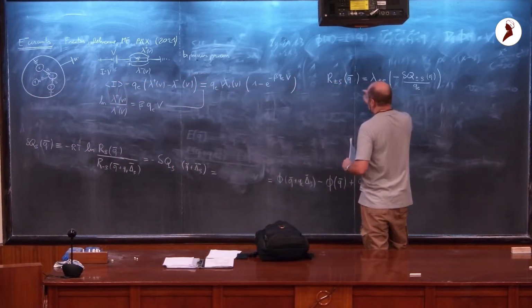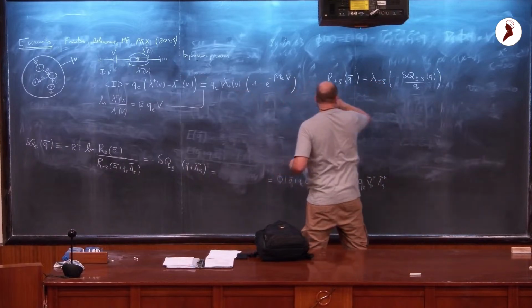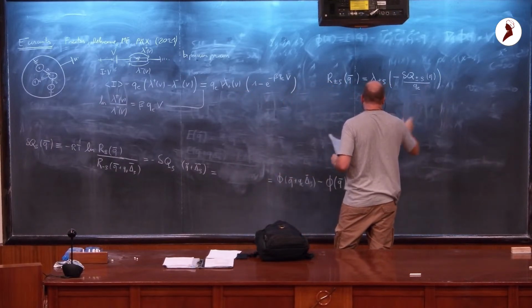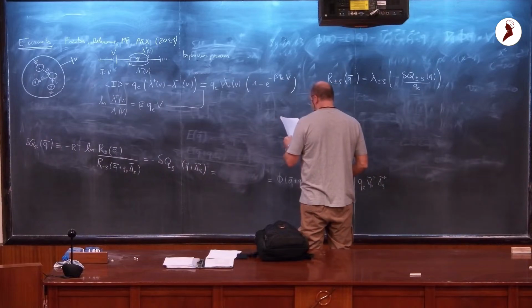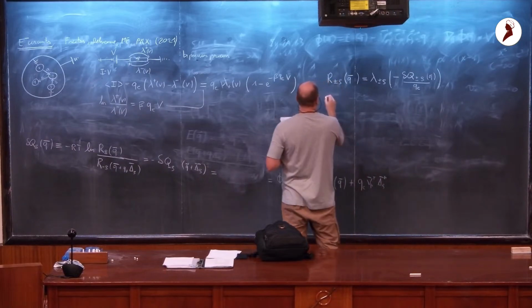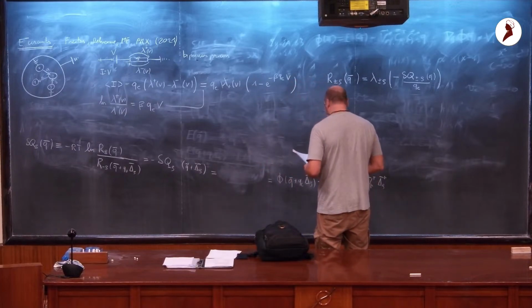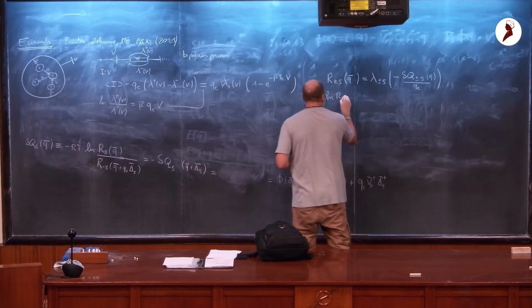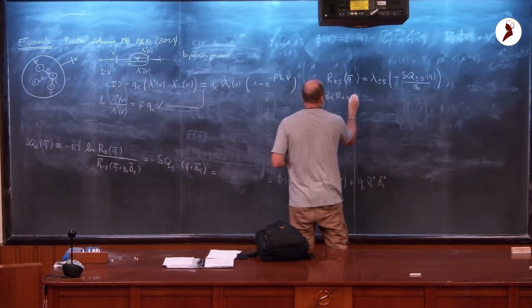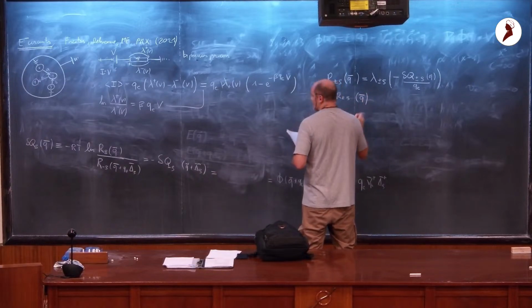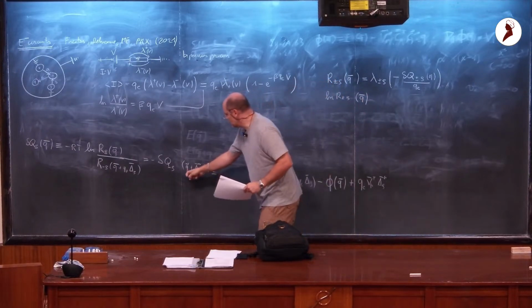So now you replace in the rate that you obtain the dependence in V by that difference, and you can check that as a result, you will have to use this property here.